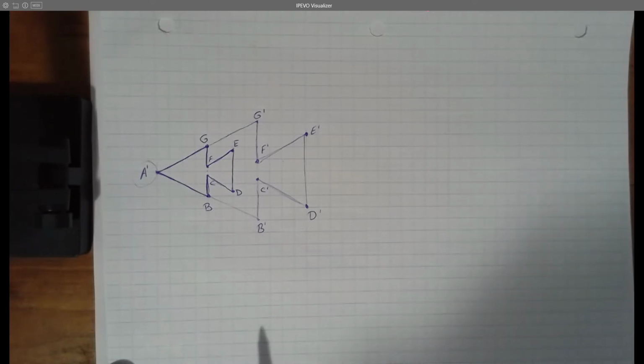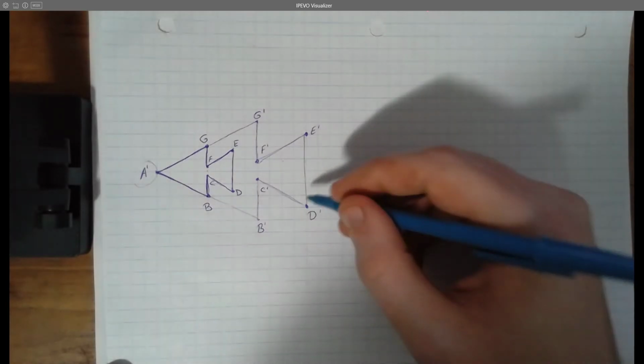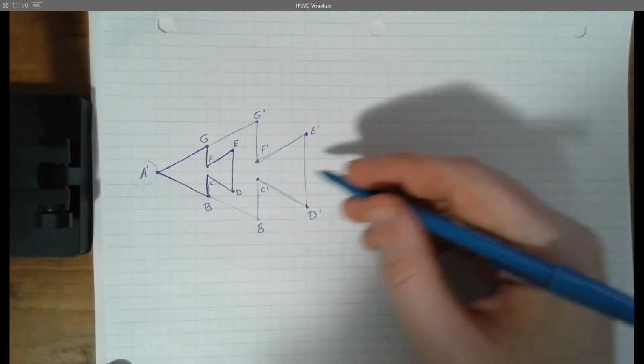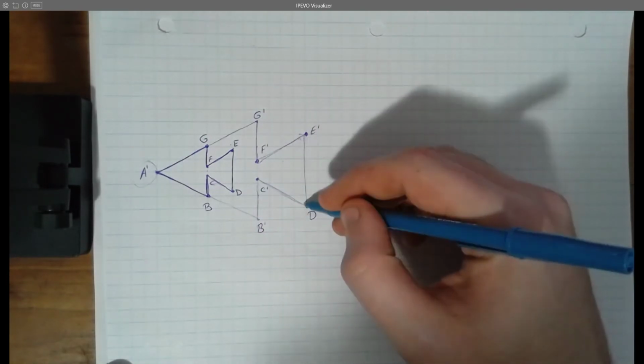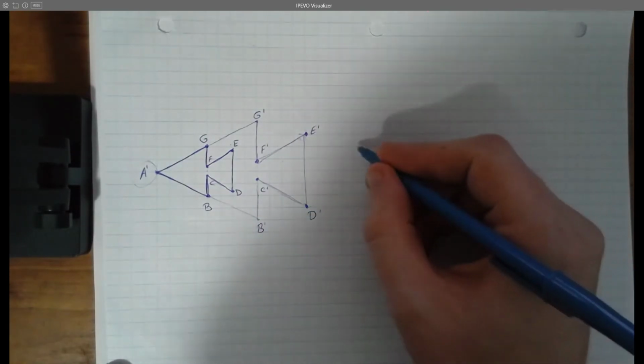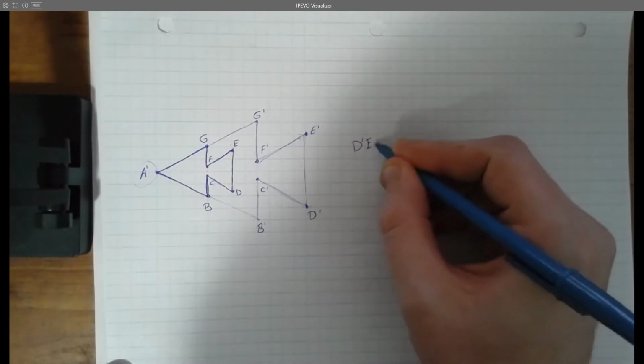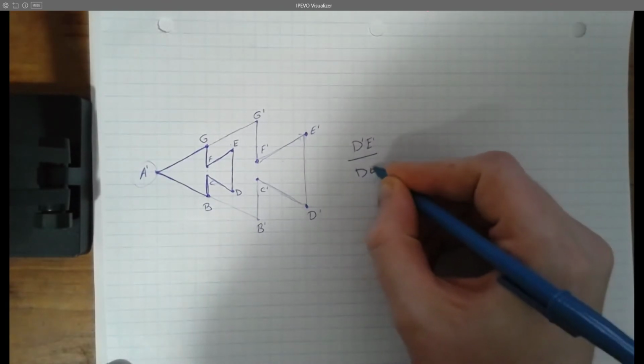The only thing that we really care about is comparing these two. It doesn't matter which line we choose, we want to be able to compare 2 side lengths. So in this one, our textbook has us comparing DE and DE. Remember that this is our image, and so our image goes at the top, so we're going to put DE at the top over DE on the bottom.